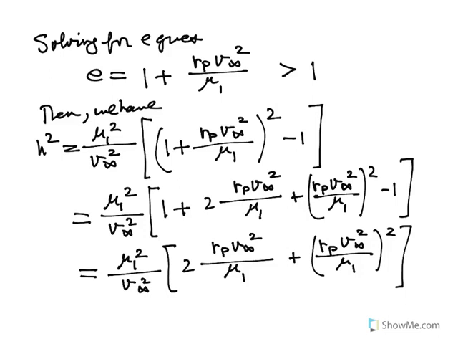Now we can simplify that, and you can see that the RP v infinity squared over mu1 is going to come out of the whole expression.